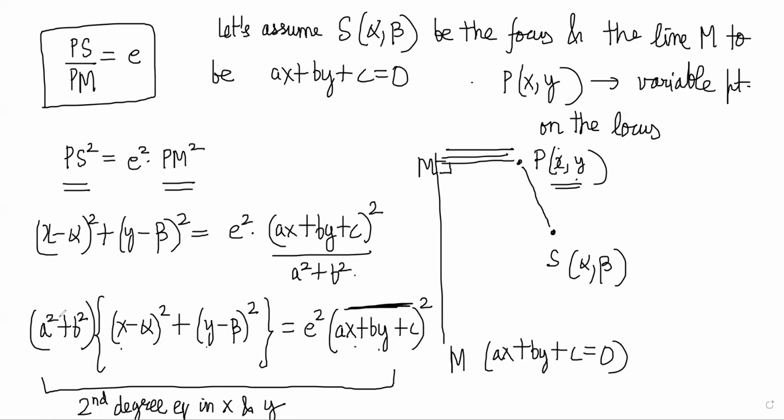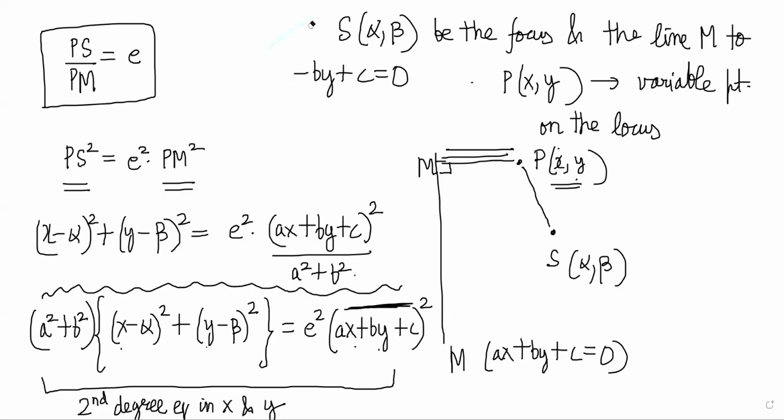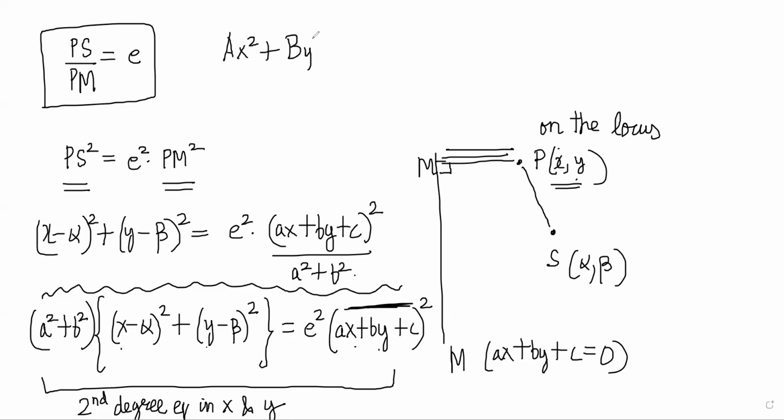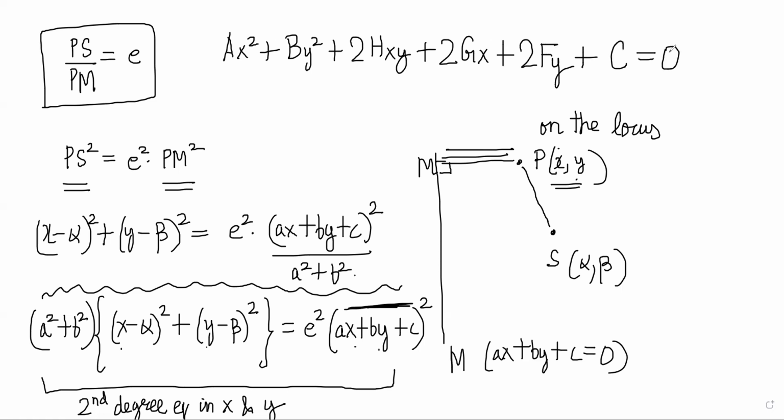So this is how we can eventually write the standard equation of a conic as this expression. I will write it here, the second degree equation in X and Y. So the general equation of a conic becomes something like this: AX square plus BY square plus 2HXY plus 2GX plus 2FY plus C equals 0. This becomes the general equation of a conic.